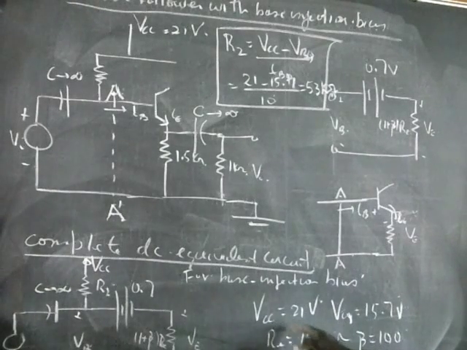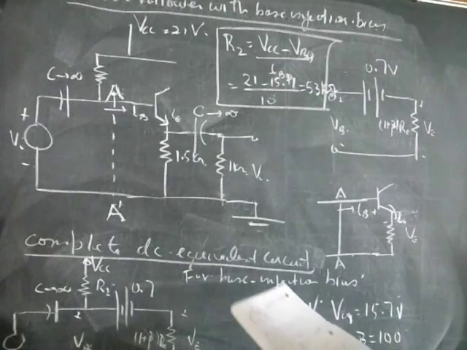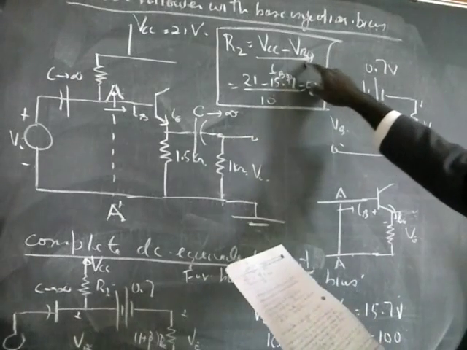If we plug in these values, VCC is 21 volts, VBQ equals 15.7 volts, RE equals 1500 ohms, beta equals 100. We get now that R2 is equal to VCC minus VBQ.